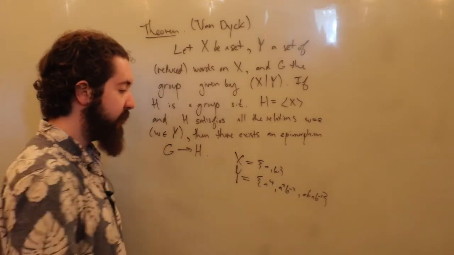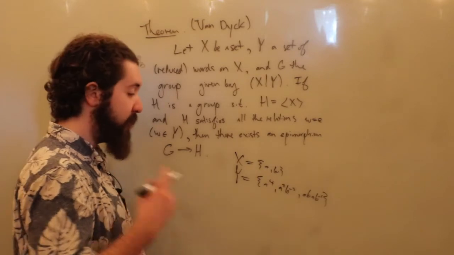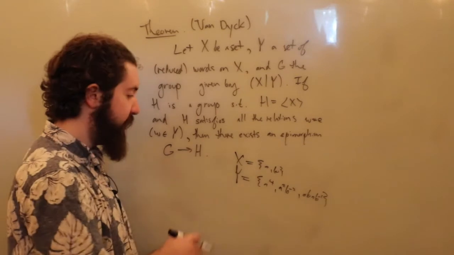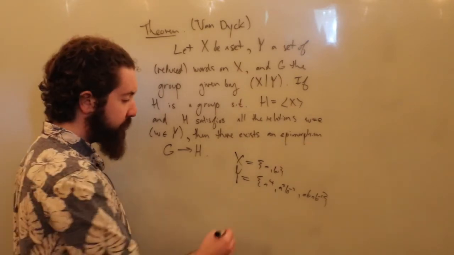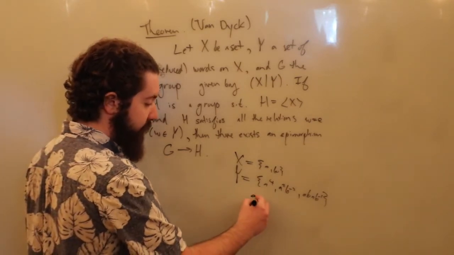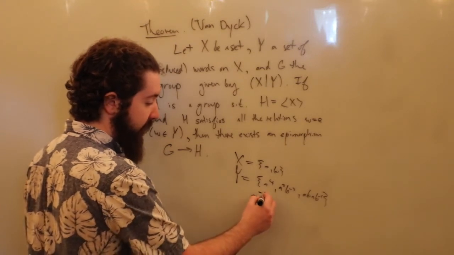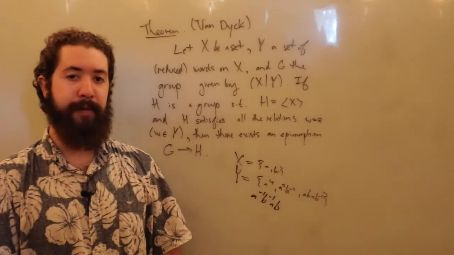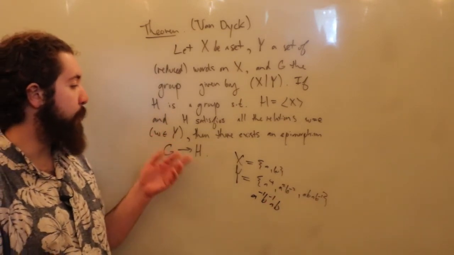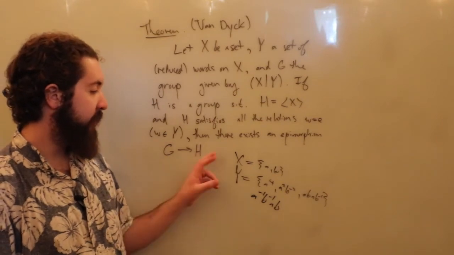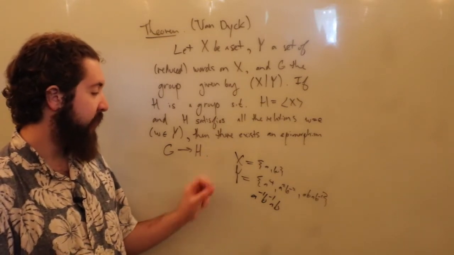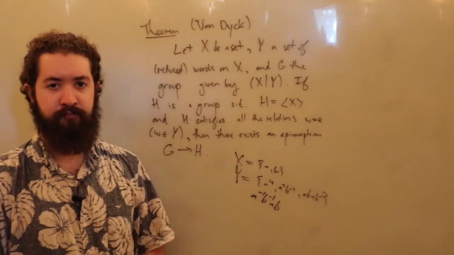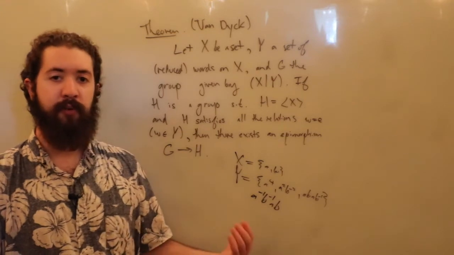In other words, the biggest problem was that they were abelian, and there was no way to tell from looking at these relations that this group need be abelian. So we had some extra relations satisfied by it, namely A inverse B inverse AB, which was not contained in Y. And this theorem is going to tell you the relationship between the group defined by these relations and the group defined by these relations plus an extra relation, right? There's going to be a homomorphism between them.